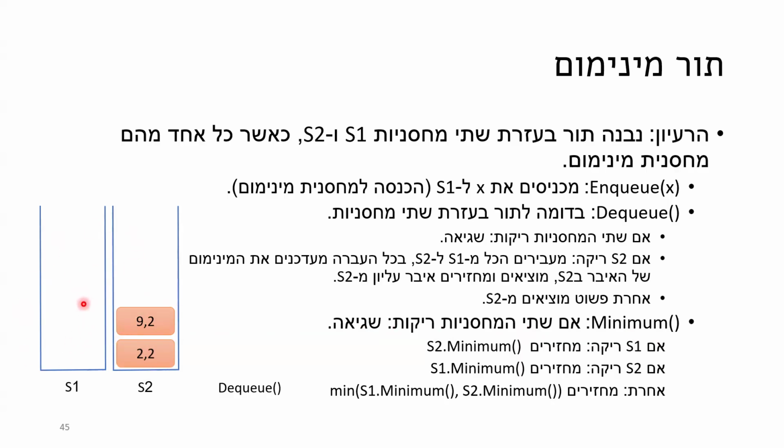So if there's more elements in here, let's say we insert 1 and 1, we have to return the minimum from this top element and this top element, because this top element has the minimum of all the elements below it, and this element has the minimum of all elements below it. So the minimum between the two of them is the minimum of all of the elements. So if we return minimum, we look at the two top elements and return the smaller of the two. That's what's said here.